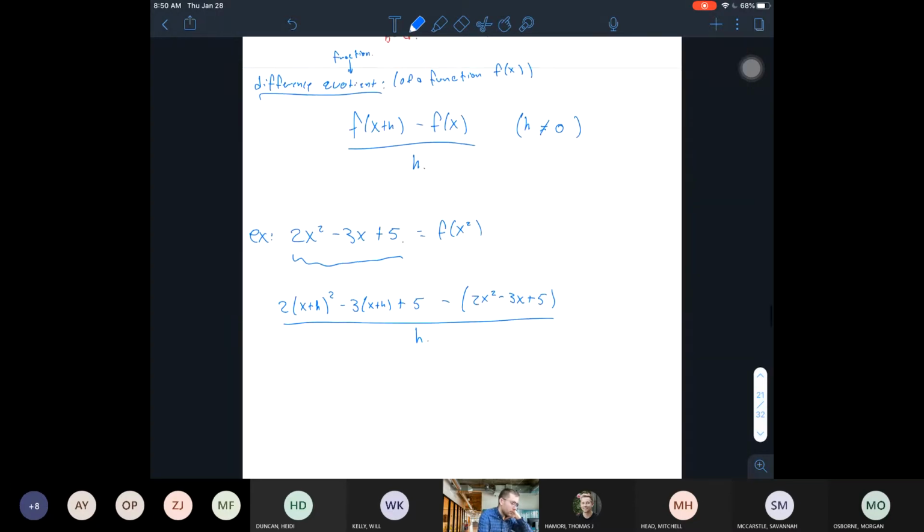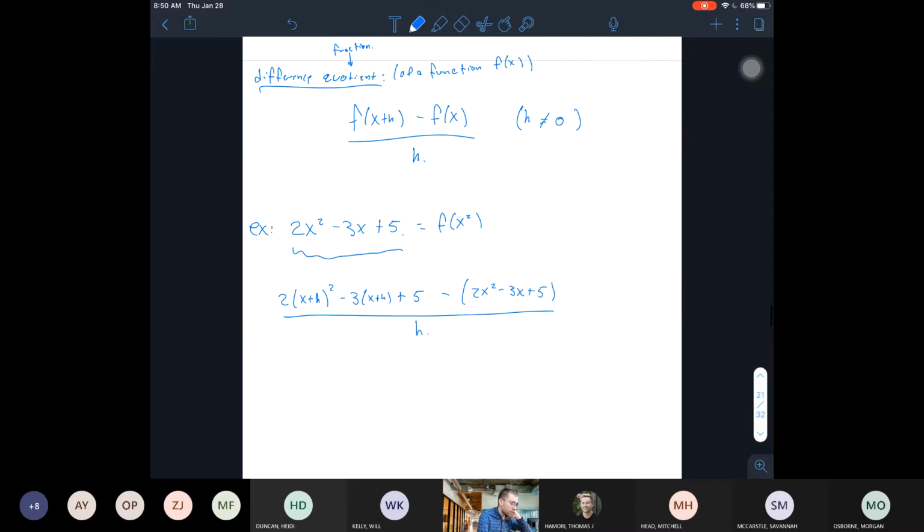Okay, and the process for doing these difference quotient problems is just to write this down by plugging in x plus h and x and dividing by h, and then we have to simplify.